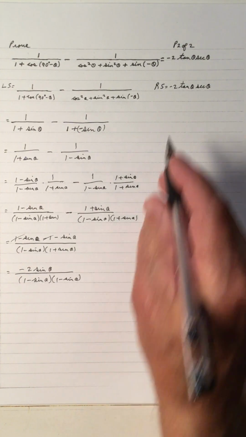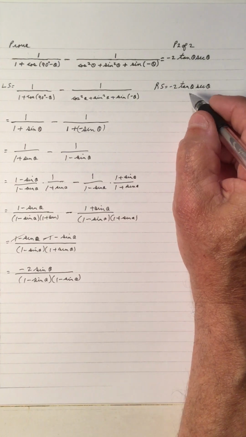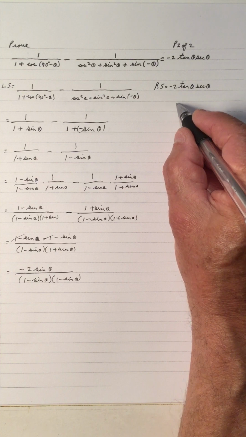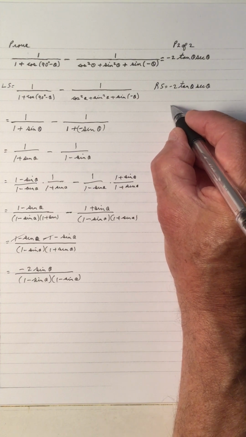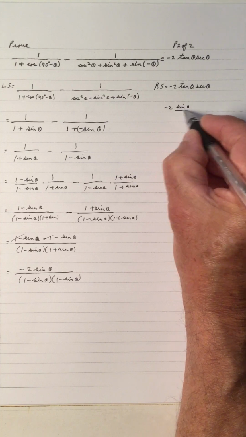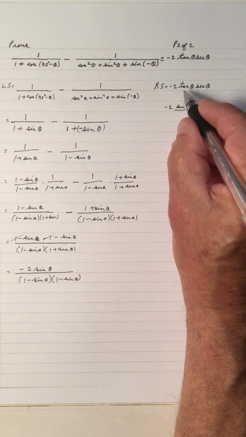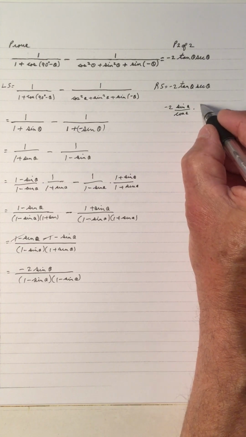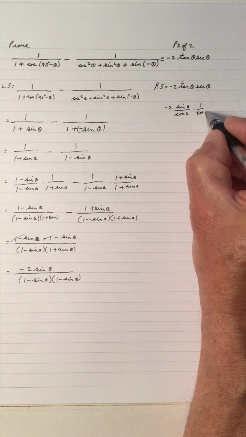And how's that looking up here? Well, again, you go to a sheet of scrap paper and write this down. So I have a negative 2 tan, tan is sine over cos, and secant is 1 over cos.